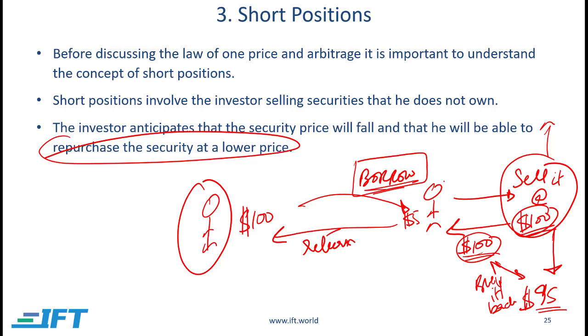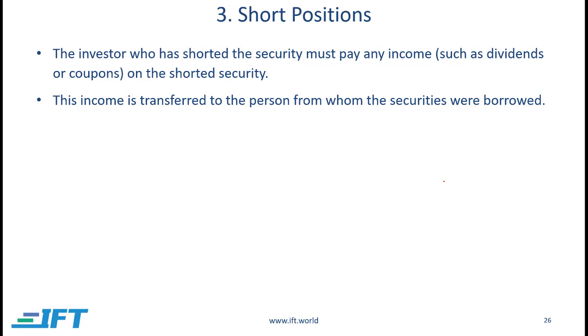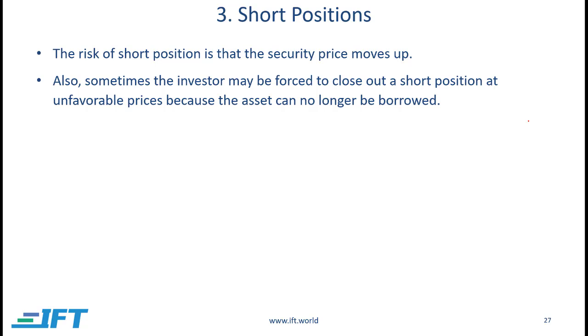And I would be like, yeah, of course. So I would have to give that out of my own pocket because I don't have that bond. I've sold it. So any income, such as the coupons if it's a bond, or maybe dividends if it's a stock that I've borrowed and short sold, will have to be given by the person who has borrowed it to the person from whom it was borrowed, right? So that has to be paid as well.